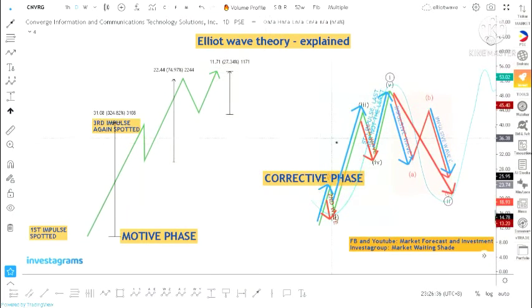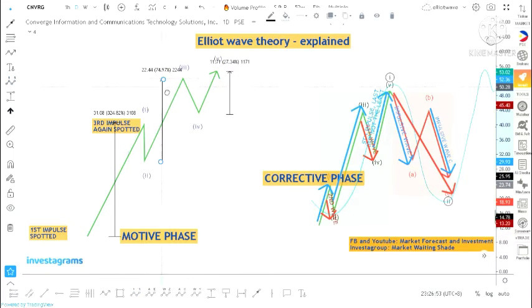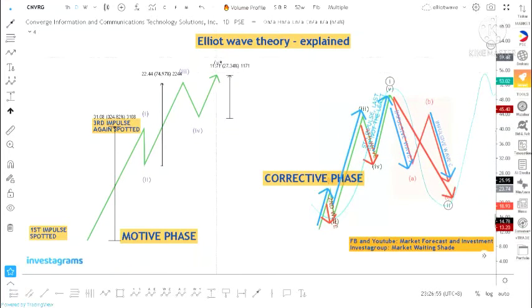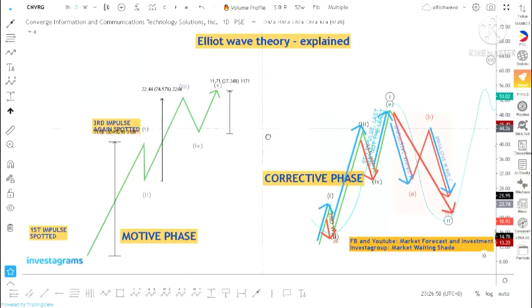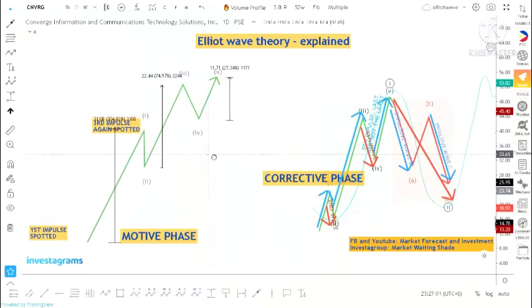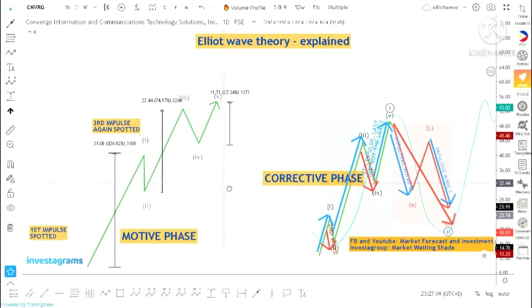Since we are already aware that a motive phase is composed of 5 waves, we start to label from this origin: 0, wave 1, wave 2, wave 3, wave 4, and wave 5. And as you can see, this is a valid Elliott wave count. Why did I say so?